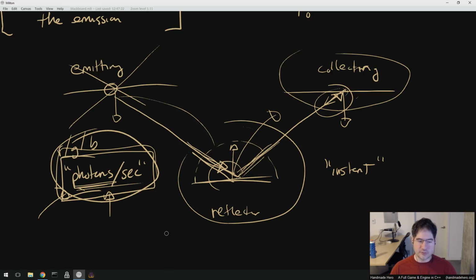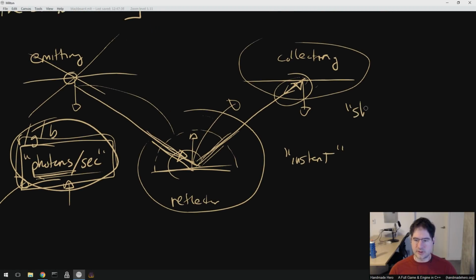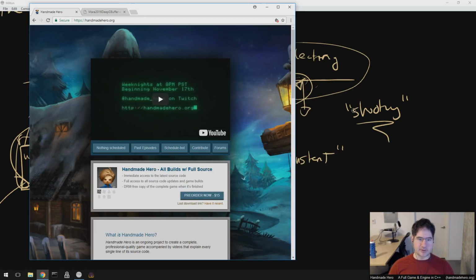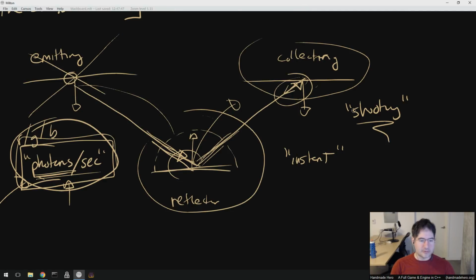Here is a way that photons per second versus photons would be important. Like I said, we are doing shooting-based radiosity because we can't afford to do anything else, which means we're just taking Monte Carlo samples, right? Actually, very much like the paper that was referenced yesterday, we're just taking Monte Carlo samples and then trying to reconstruct what the radiosity is after that.